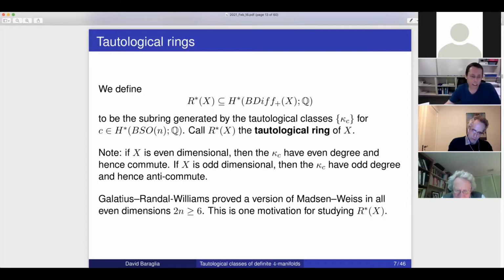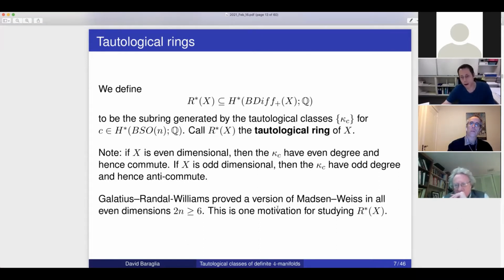And so there's this theorem of Galatius and Randal-Williams, which is a big generalization of the Madsen-Weiss theorem. So for all even dimensions bigger than or equal to 6, of course, that excludes 4, basically the theorem says something like, up to some stabilization, which is like connected sums of products of spheres, the characteristic classes are tautological.